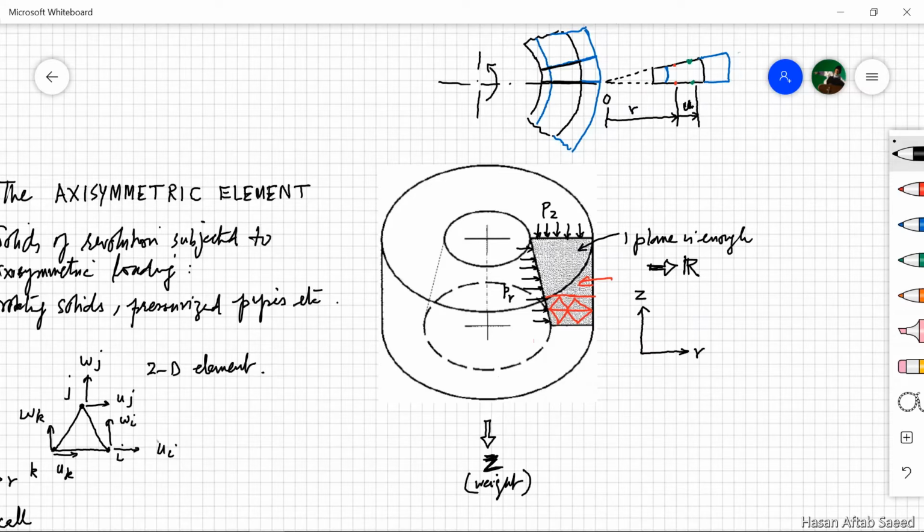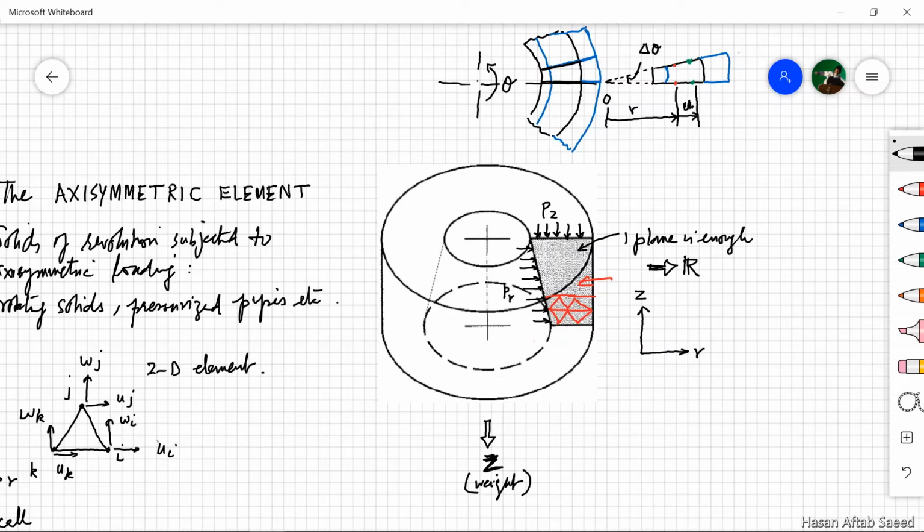Now if we call this angle delta theta, theta being the circumferential coordinate, this is the circumferential direction.